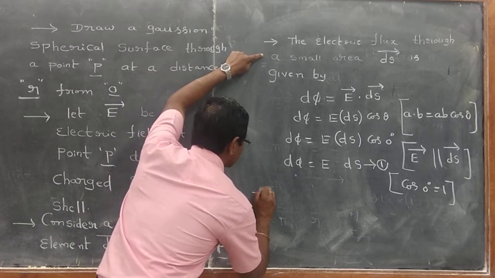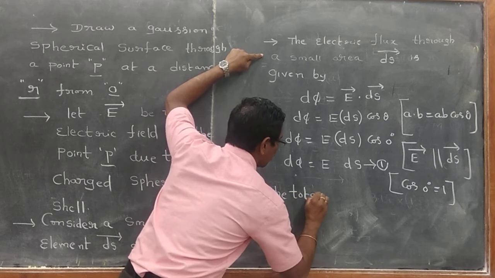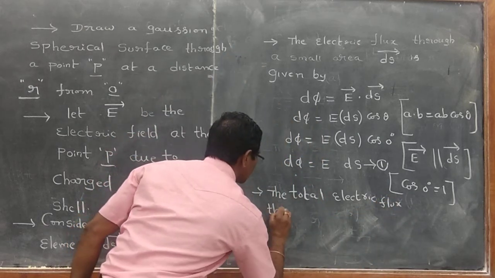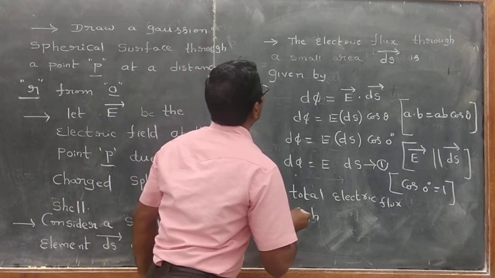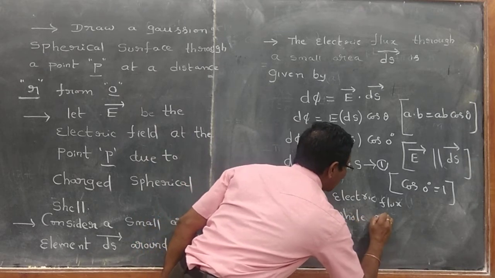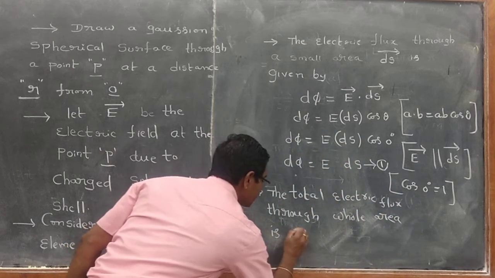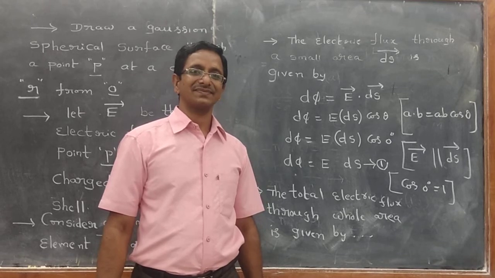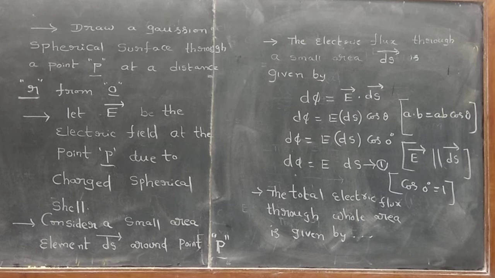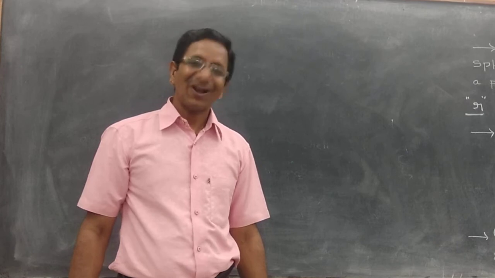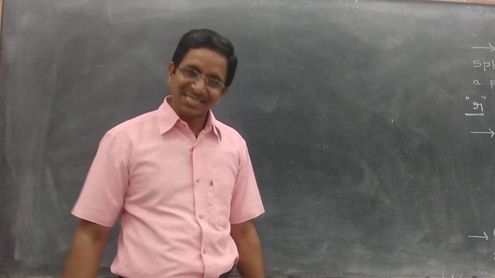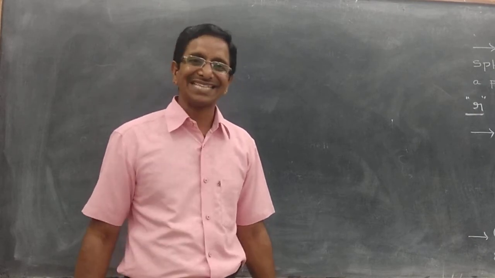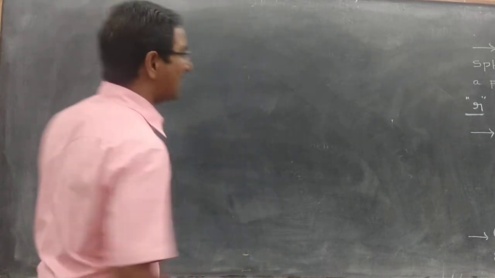Okay. Now next point. The total electric flux through whole area is given by, now tell me the total electric flux passing through the whole area, or the total electric flux passing through the total Gaussian surface is given by, that is, what we have to do?